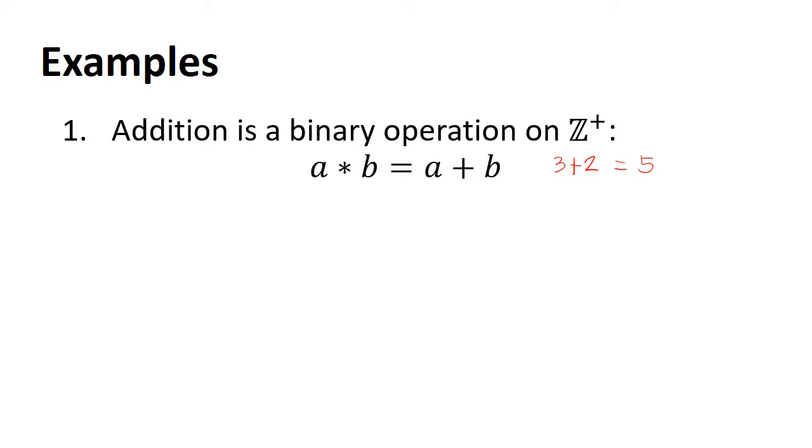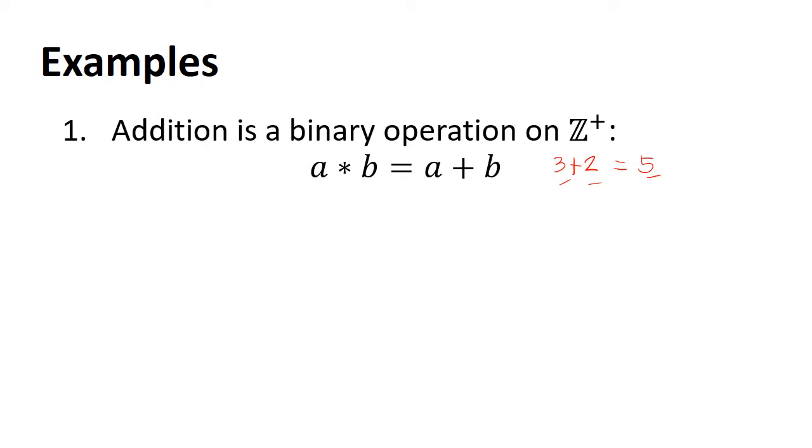And because the two inputs and the output all belong to the same set, which is the set of positive integers, we say that addition is a binary operation. And we say that addition is closed in the set of positive integers.